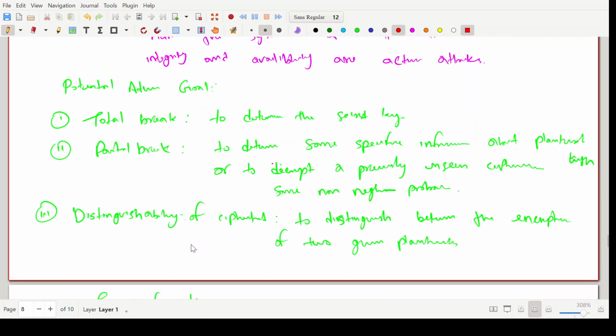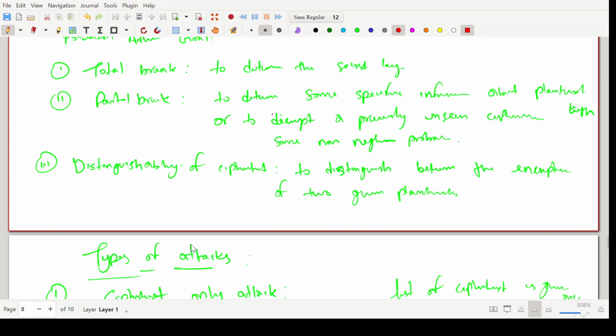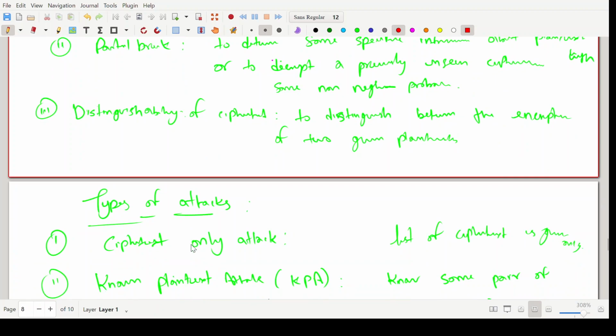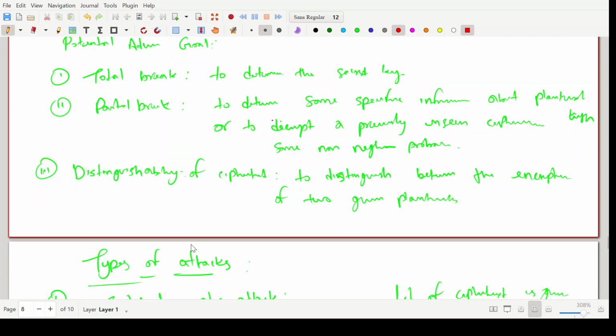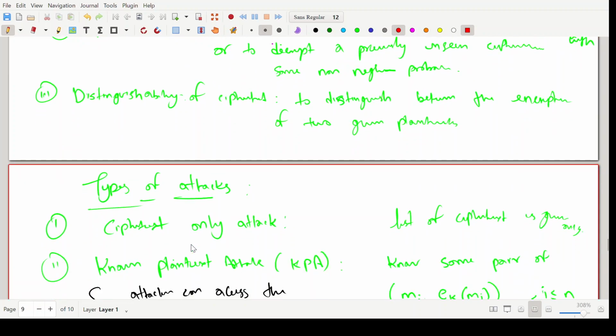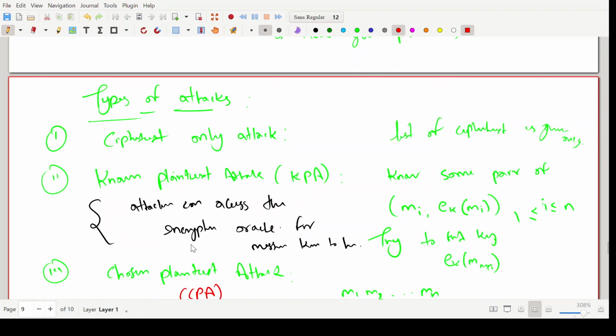Potential attacker goals are total break, partial break, or distinguishability of ciphertext. Total break means he gets the secret key. Partial break means he gets some information about the plain text. Distinguishability means that, given two ciphertexts, he can distinguish that they are of different plain texts.